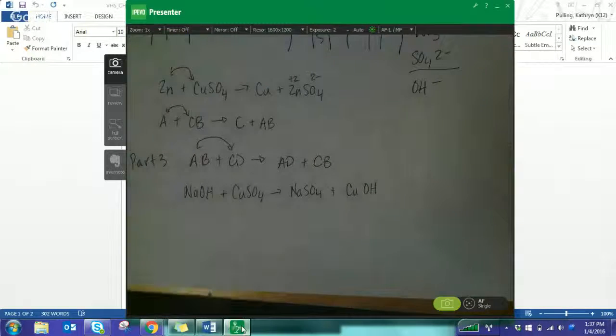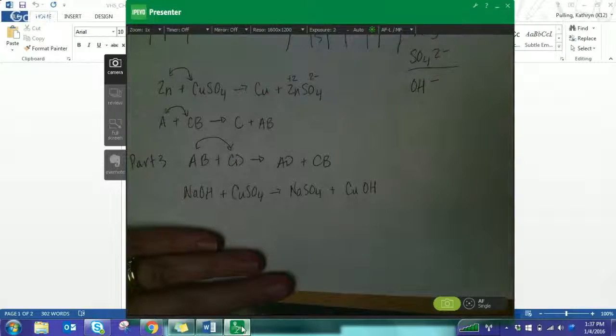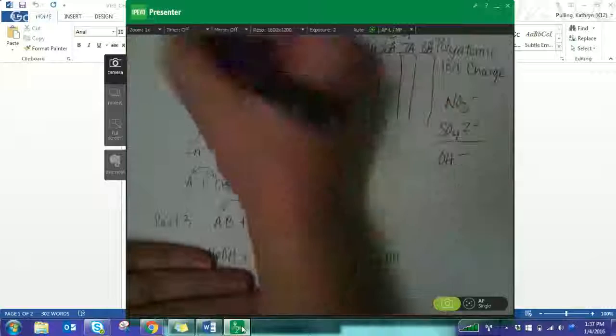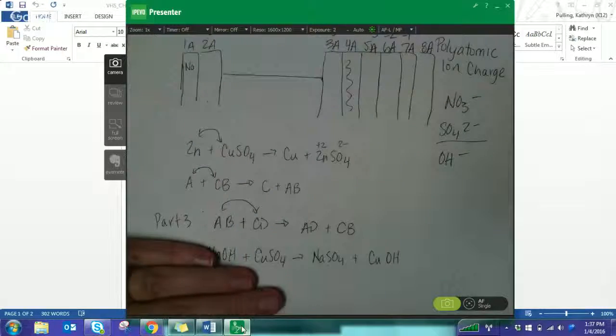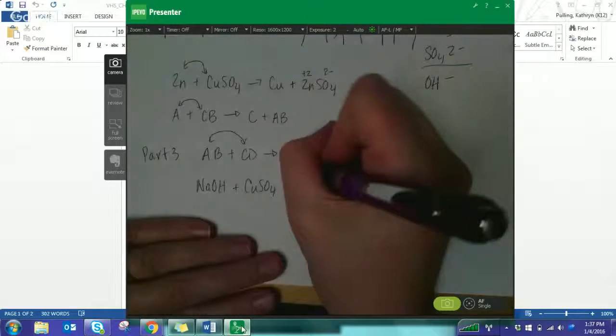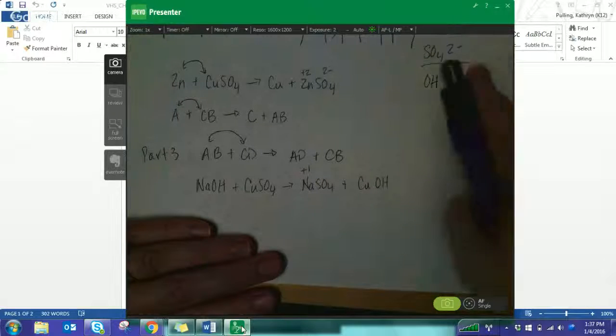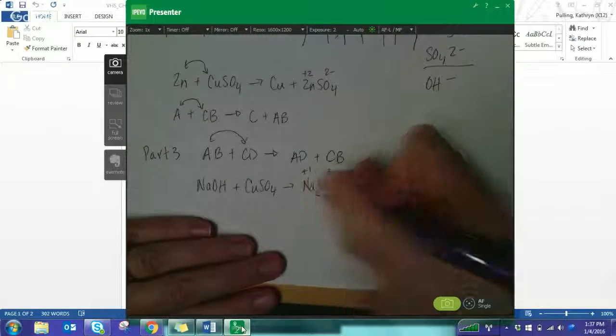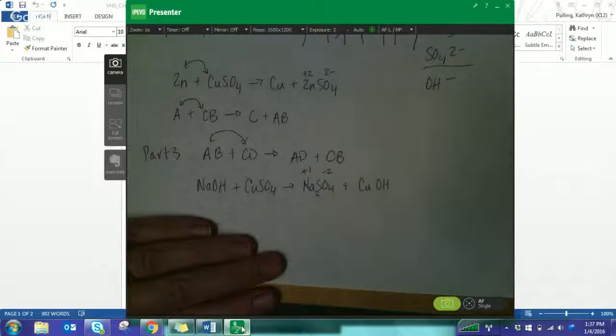Now, I haven't added any subscripts on there, but we need to double check. Sodium always falls in group 1A, which means it's going to form a +1 charge. And we know that sulfate is -2, which means we're going to need 2 sodiums to make that compound correct, to cancel out the charge.